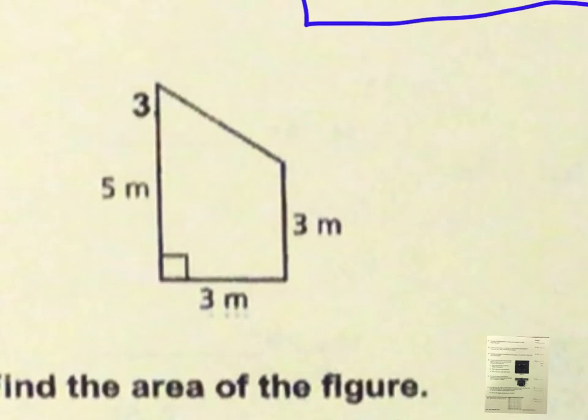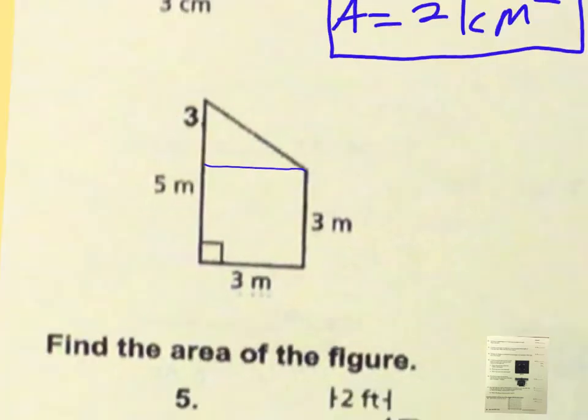This one is a trapezoid. So remember the way that we find the area of a trapezoid is we break it into a composite figure. So we have a triangle and we have a square here. Let me just give you a hint on this one. If I'm pointing right here, this whole thing is 5, right?